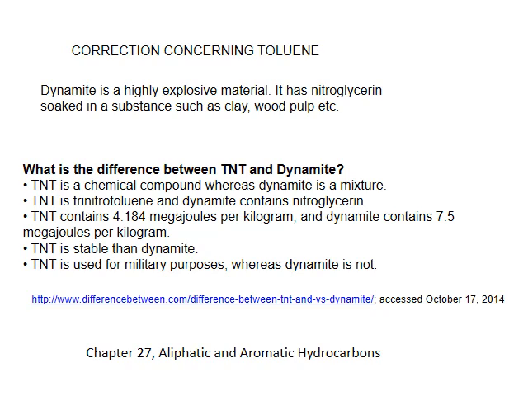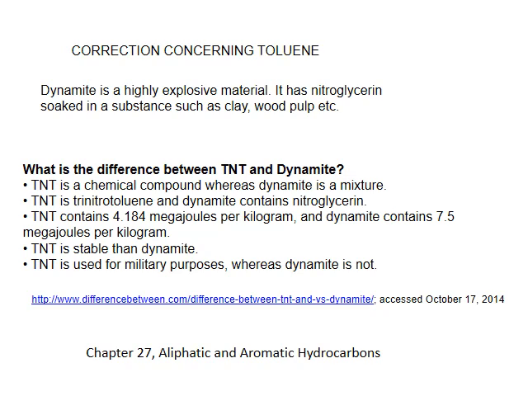TNT is trinitrotoluene, and it's highly explosive, but it's a different substance than dynamite. Dynamite contains nitroglycerin. If we look, TNT contains about 4.2 megajoules per kilogram, while dynamite contains 7.5 megajoules per kilogram. So dynamite's a more powerful explosive, although they're both quite powerful.